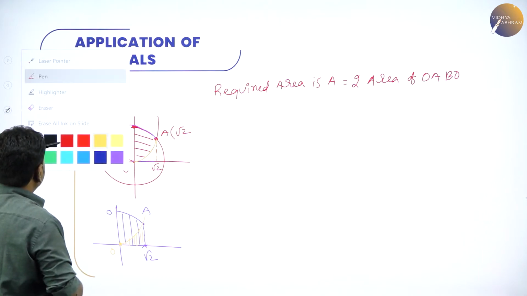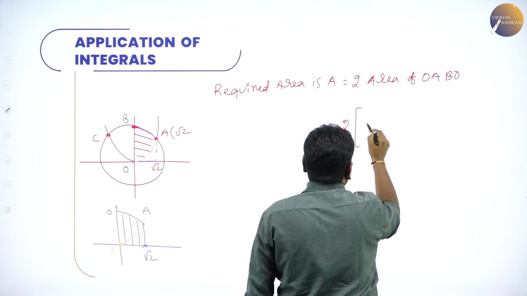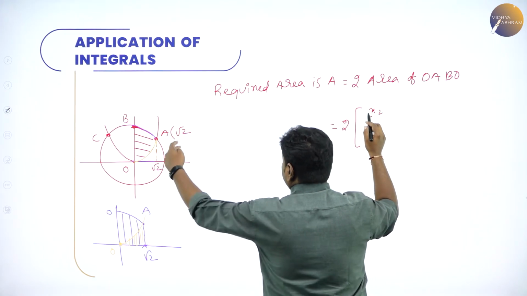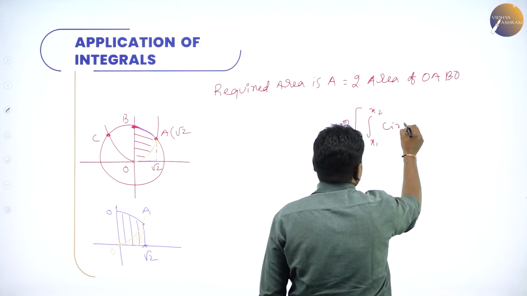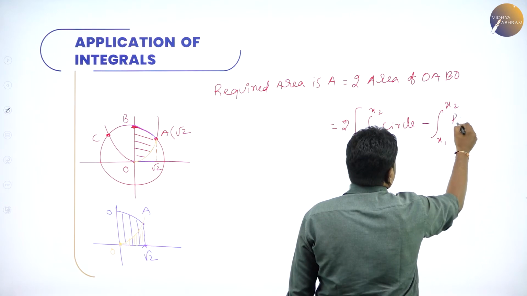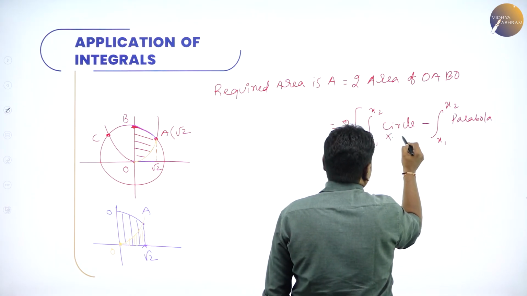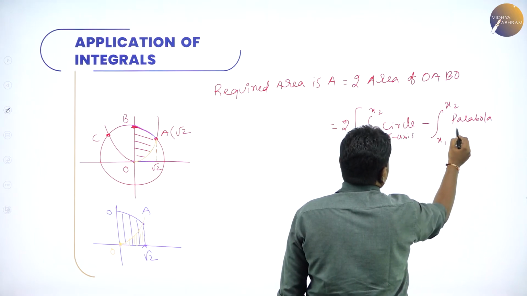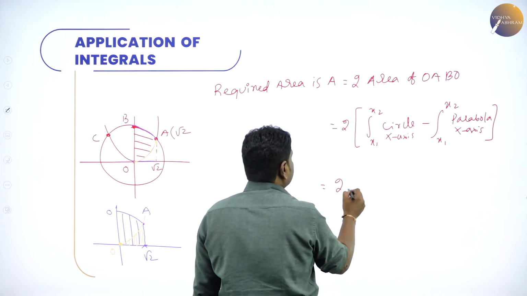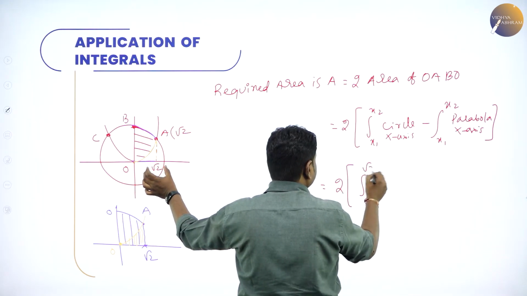So therefore, conclusion is simple. This is 2 times x1 to x2 area under OA circle minus x1 to x2 parabola area, parabola and x-axis, here circle and x-axis. That is 2 times integration, x varies from 0 to root 2.